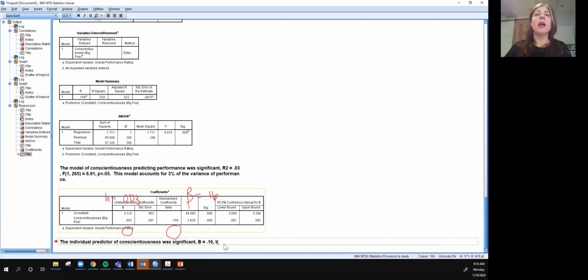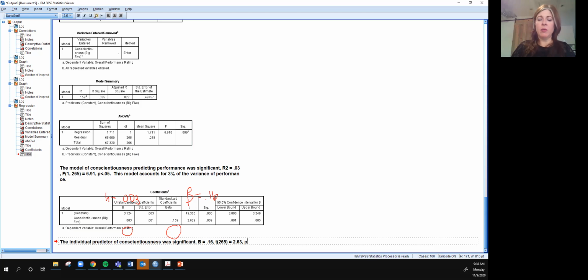My T value is right here, this 2.63, but my degrees of freedom is going to be this residual number up here. So I'm just going to jump back up here and grab it, 265. And my T value is 2.63.